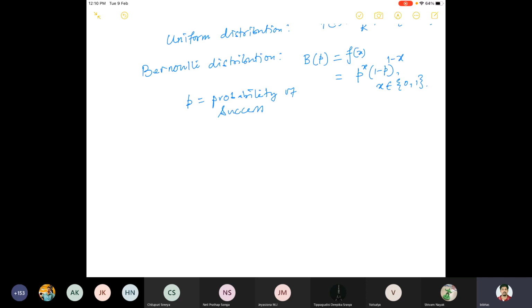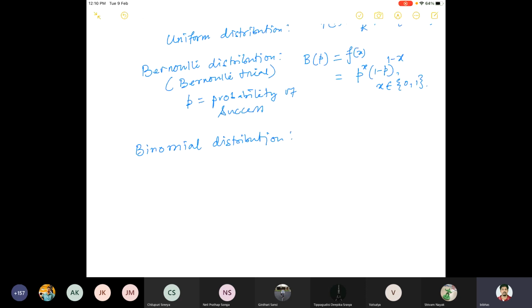So here we also introduced a concept called trial, or Bernoulli trial. And then we talked about repeated Bernoulli trials, which gave us this binomial distribution. There are two parameters here in binomial distribution, one is n, and another one is p.